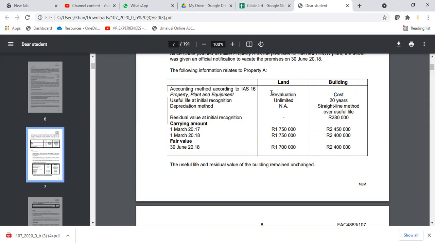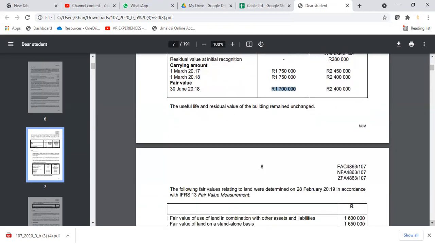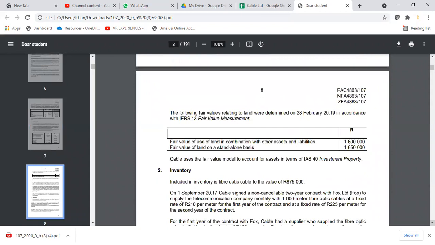So we need to perform a revaluation on land, and for cost we need to do depreciation and impairment. First we need to find out if there was a revaluation on land as at 28 February 2019. The revaluation on land is in terms of IFRS 13.